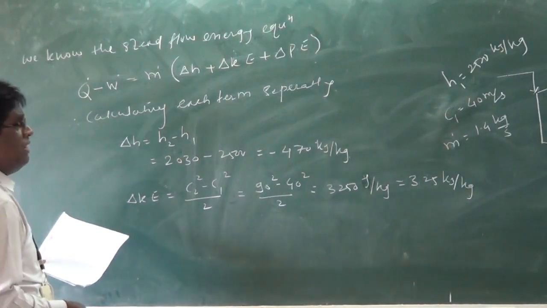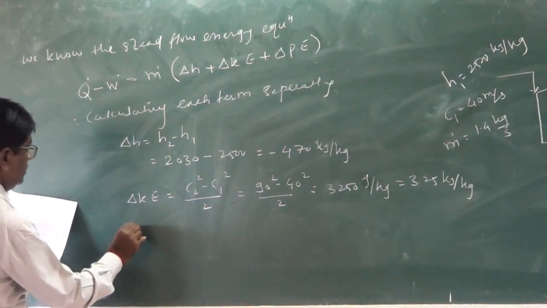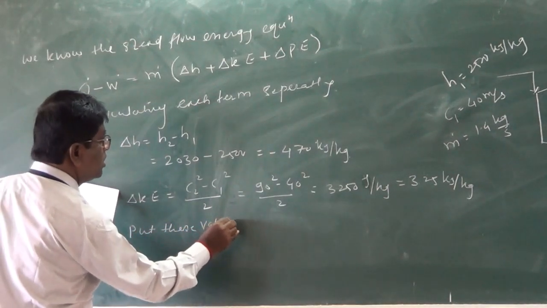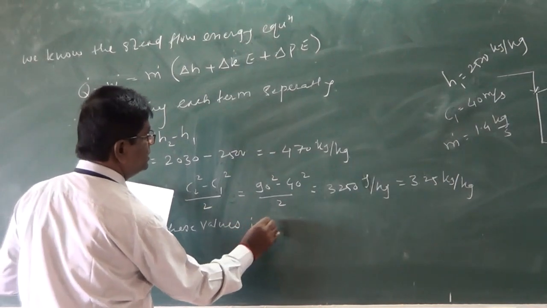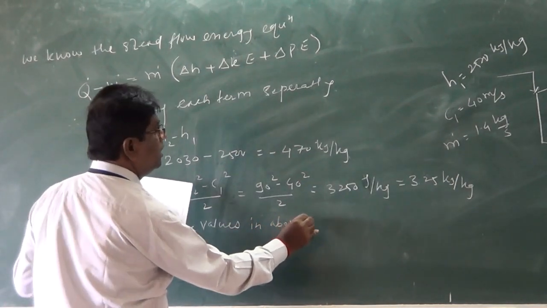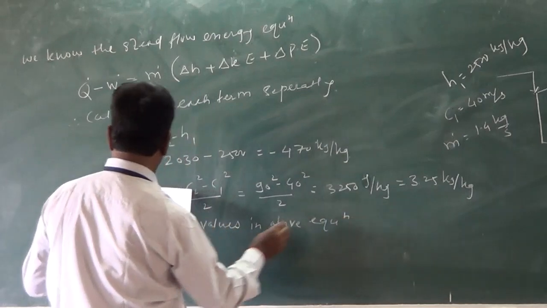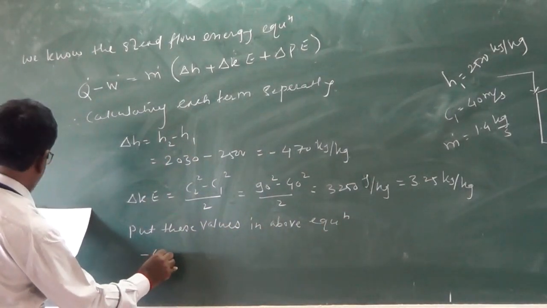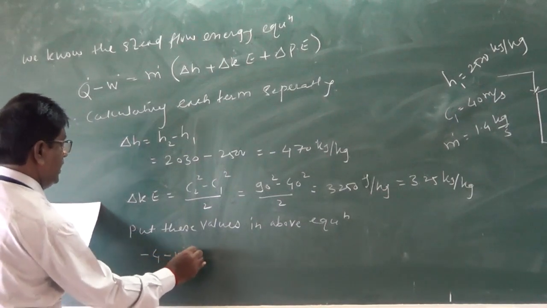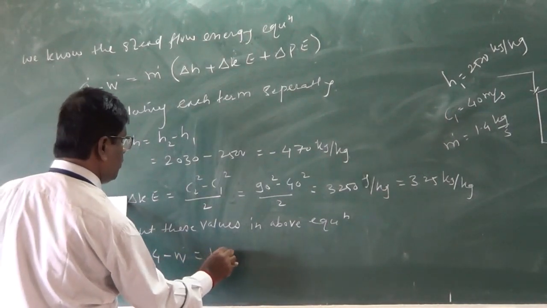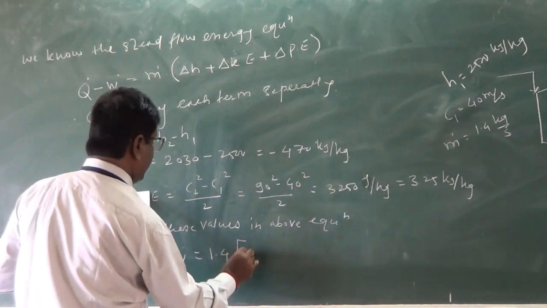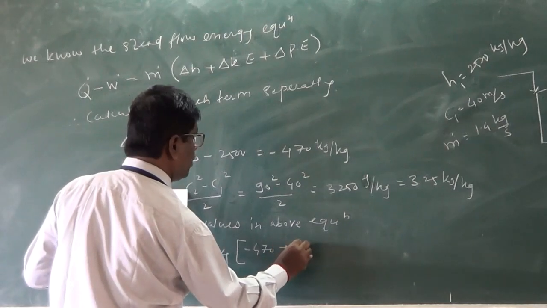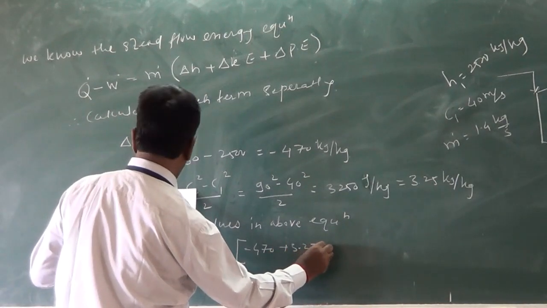Okay? Put these values in the above equation. We get minus 4 minus W dot is equal to 1.4 into bracket minus 470 plus 3.25 plus 0.